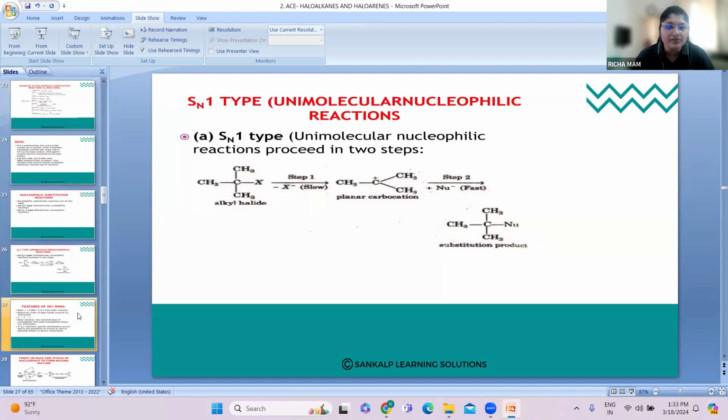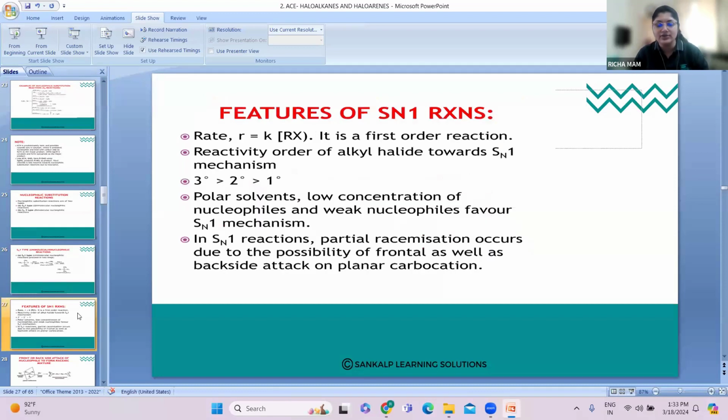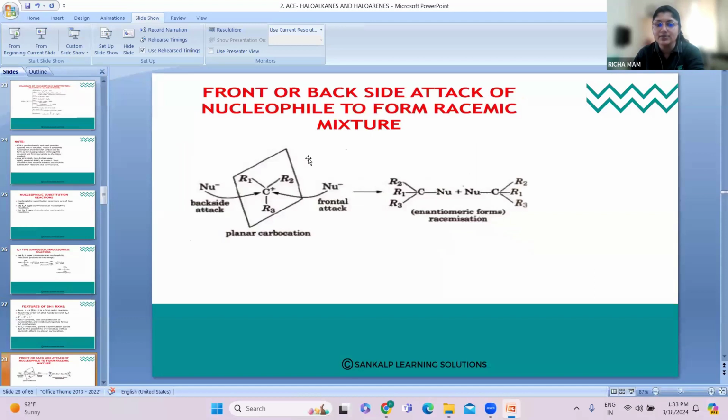So these were the notes. In the SN1 mechanism, it shows racemization. What do you mean by racemization? The attack is possible from both sides, either from the back side or the front side. If it attacks from the front side, that is called retention of configuration.